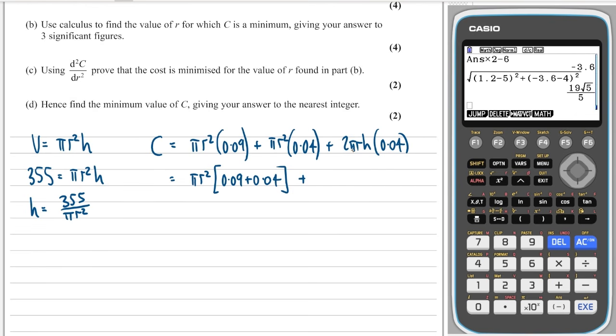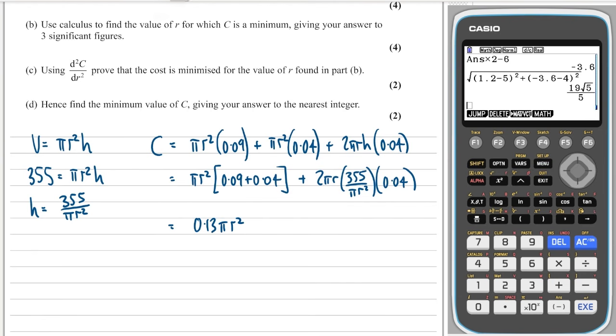And then this one over here, we can replace that h with our 355 over pi r squared, and that still needs to be multiplied by this. Okay, these two added together gives me 0.13 pi r squared.